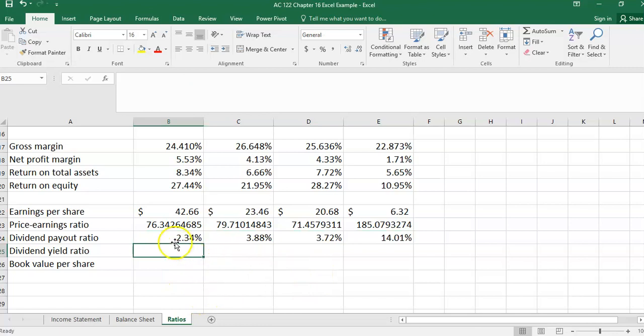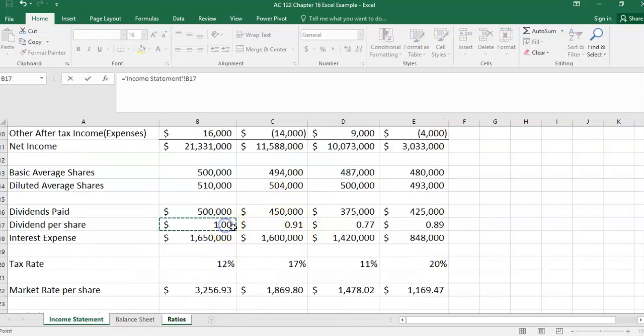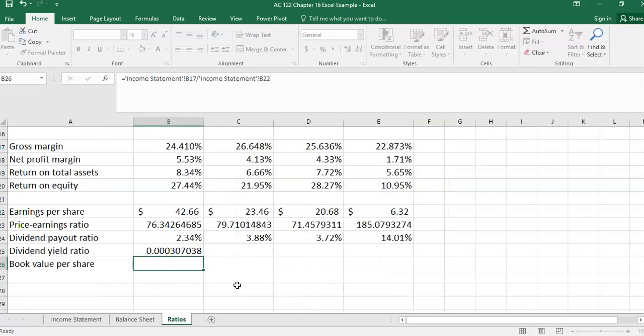And then our dividend yield ratio, which is dividends per share divided by the market price per share. So this is a measure of the return in terms of cash dividends provided by a stock.